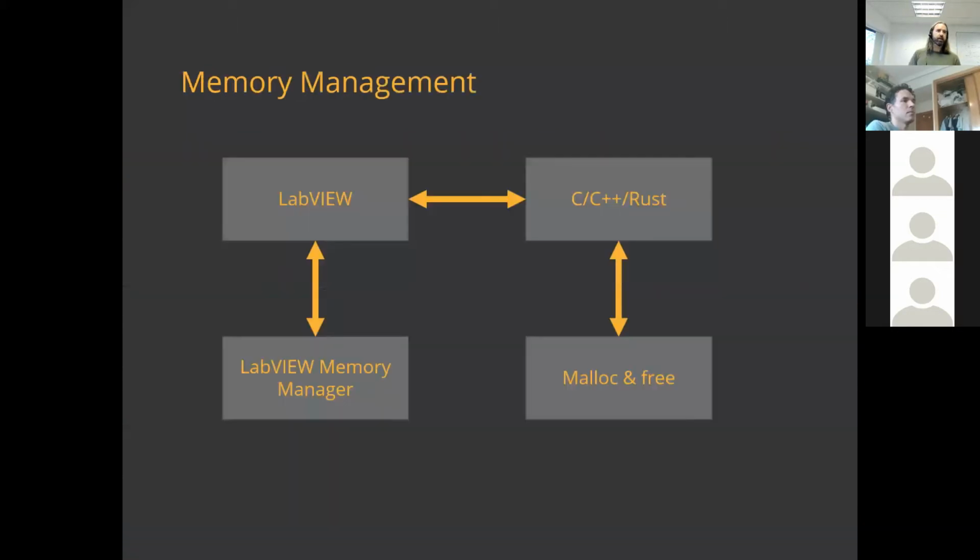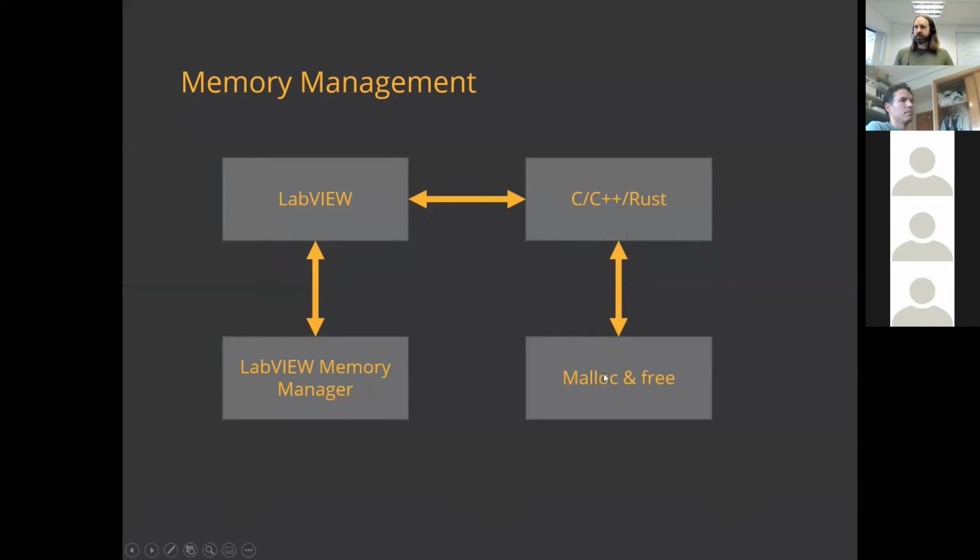And the reason for that is you have some parallel systems going on. LabVIEW has its own memory manager, which is used to manage all the buffers that it needs to put memory behind the wires that we're using. And C++ uses its own memory manager.